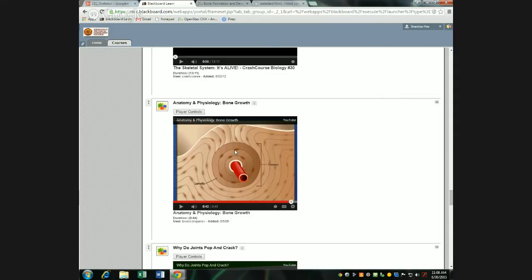When something's pulling on the periosteum, and when I say something, I mean a tendon or a ligament, it'll stimulate the osteoblasts to grow. And so anywhere that there's a stress on the surface of a bone, the bone's going to grow thicker right there. And that's what we mean by bone markings.